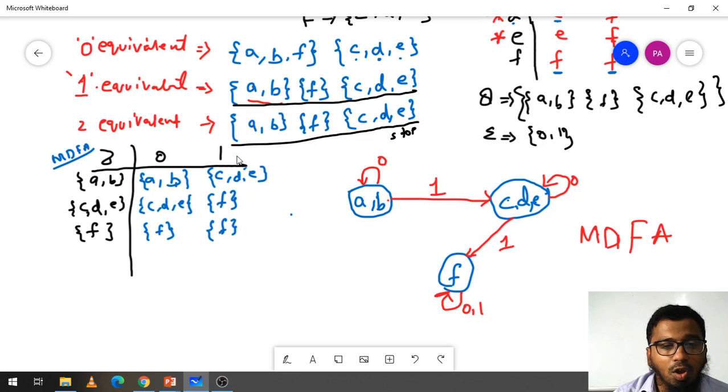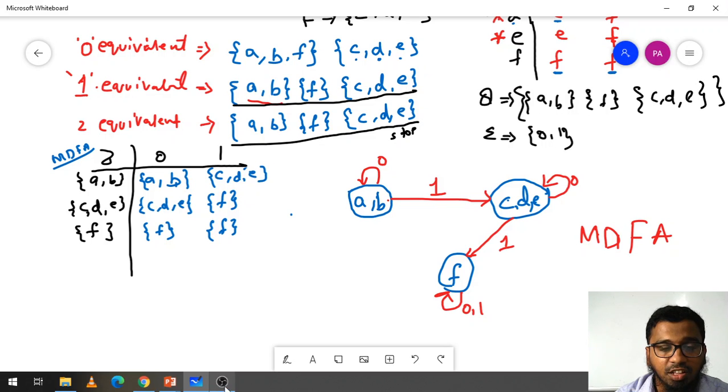A comma B on 1 is going to C, D, E. C, D, E on 0 is going to C, D, E only. C, D, E on 1 is going to F. F on 0 is going to F only. F on 1 is going to F only. So this is the final answer.